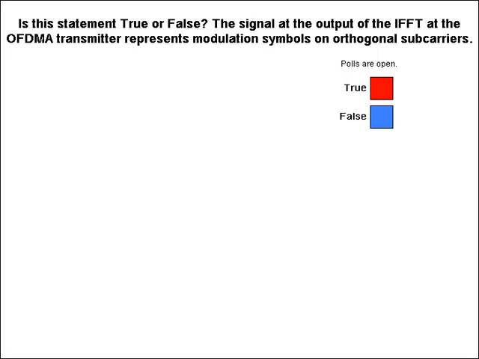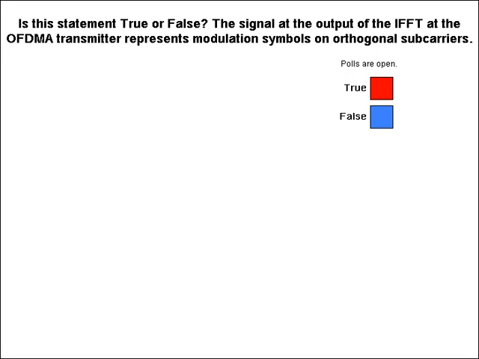Okay, this should be simple enough, should not take us long. So can you please submit a response to this question? Let's aim for maybe 1 to 2 minutes for this. Inside that strange looking signal that the IFFT gives you, do we have orthogonal subcarriers that have modulation symbols?